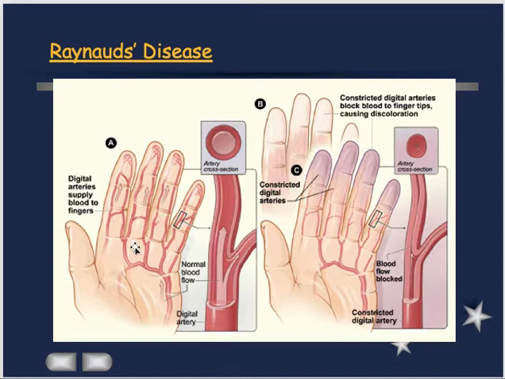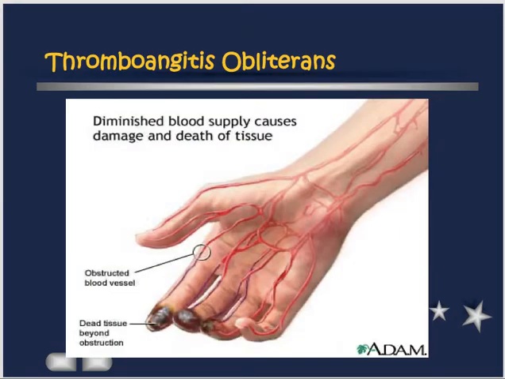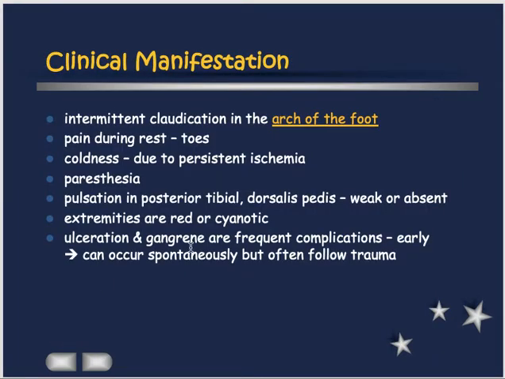And Raynaud's syndrome is more aggressive than Raynaud's disease, right? Anyhow, leave that. So this is Raynaud's disease and this is thromboangitis obliterans. The features of occlusion will be the same as what we have already covered, right?